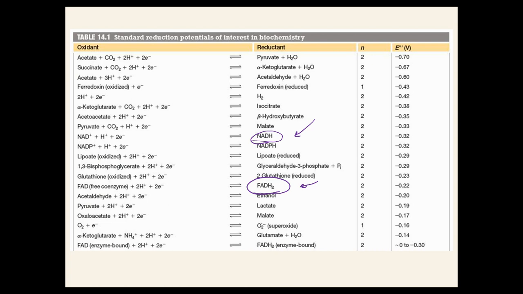I might have forgotten FADH2. So remember, from glycolysis, we got 2 NADH. From pyruvate to acetyl-CoA, we got 2 NADH because it turned around.